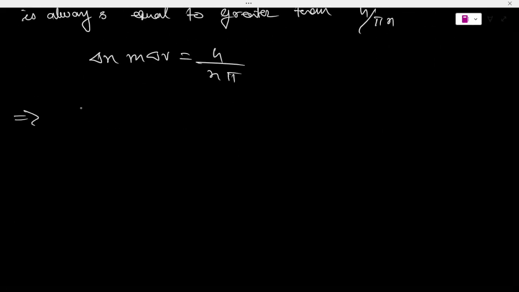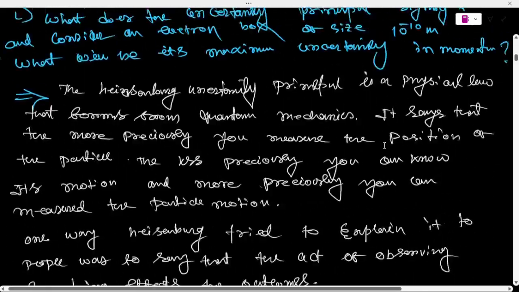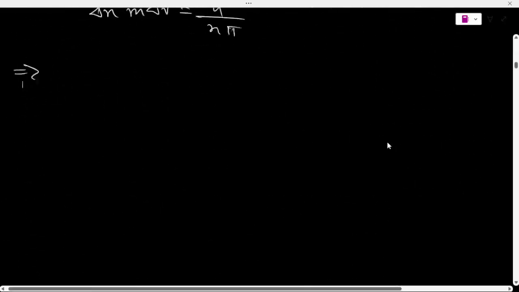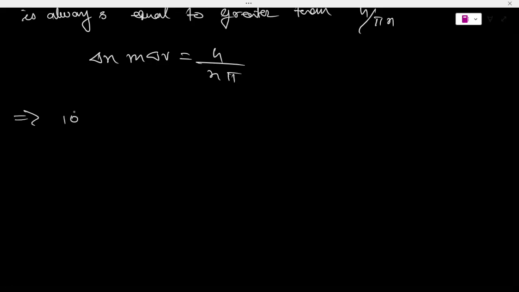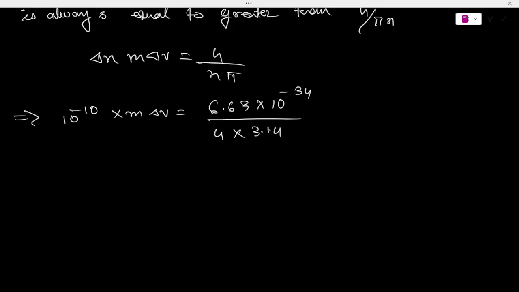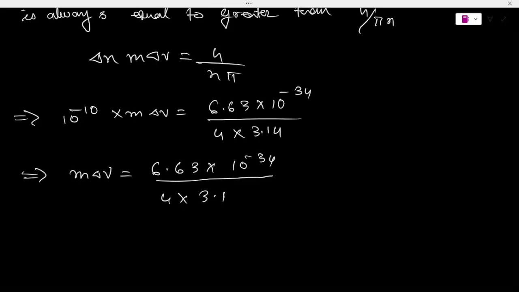As per the question, the position given is 10 to the power minus 10 meter. So m del v is equal to 6.63 into 10 to the power minus 34 divided by 4 into pi, with pi as 3.14, into 10 to the power minus 10.